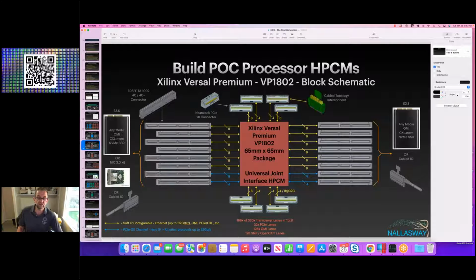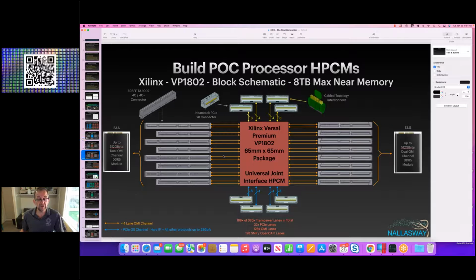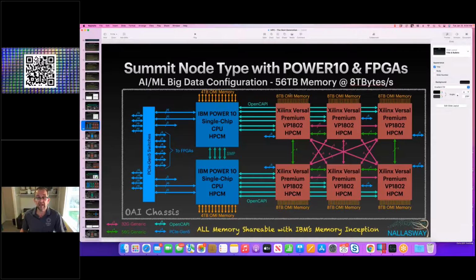But we do have a decision to make, because there are some specific ones which are critical, the PCI buses. And you can see on this topology, I've got the PCI buses going to the standard EDSFF connectors, which means, because of the number of physical lanes we've got, it does limit us with the hard PCI to only 4 lanes on these last 2 connectors. I then showed this architecture, which was maximizing your memory, where we had 8 terabytes of memory on 32 OMI channels.